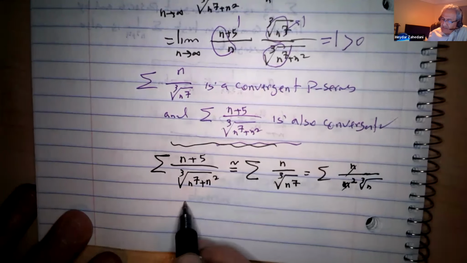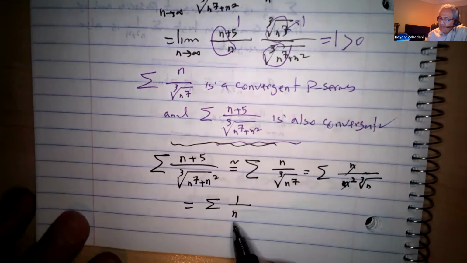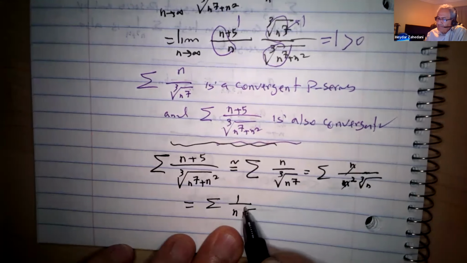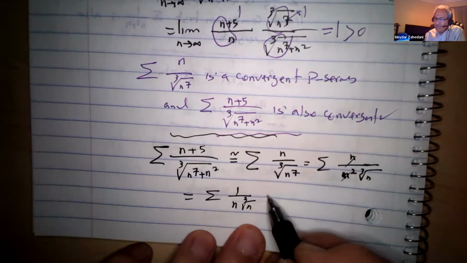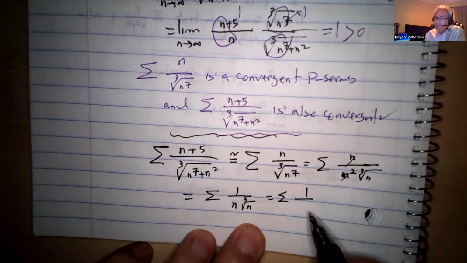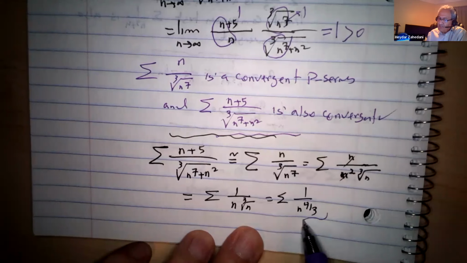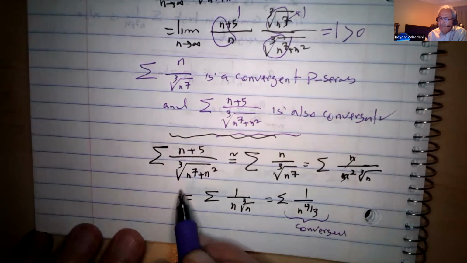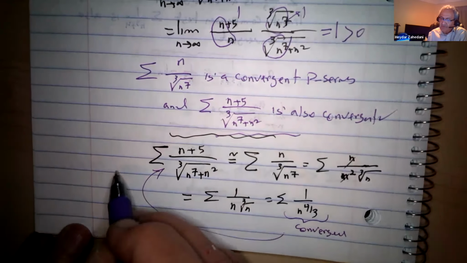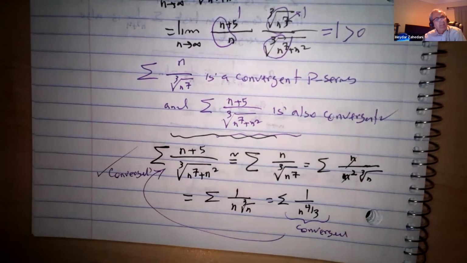N and n cancel out, so I end up with the sigma of 1 over n times the cube root of n. And you know that this is a convergent p-series, because the power, if you want to go once more, as we did it, is 1 over n to the 4/3. So this is convergent. So the series converges too, and we're done right away.